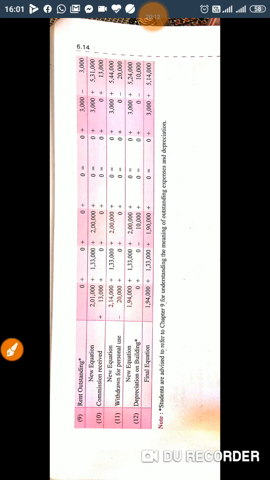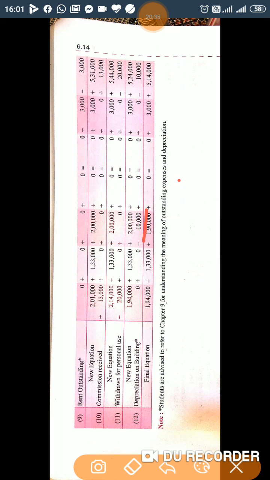Last transaction, depreciation on building. Building is having 2 lakh and depreciation is calculated 10,000. So 10,000 will be deducted from the building. Building is decreased by 10,000. And at the same time, depreciation is a non-cash expense or loss for the business.